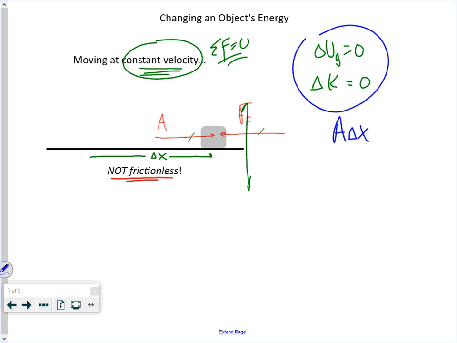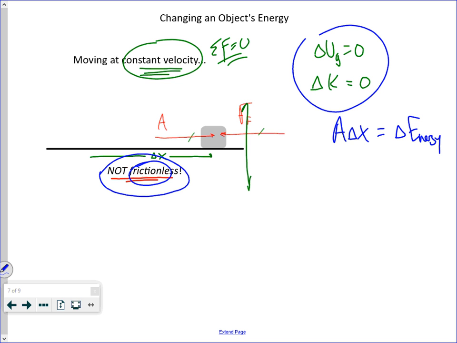And you've got to think, what happens if we push something across a not frictionless surface? Well, this will be equal to a change in some kind of energy. And the question is, what kind of energy changes? What would actually happen to this block? Well, a couple of things. One, because of the friction, you know what happens to the block?